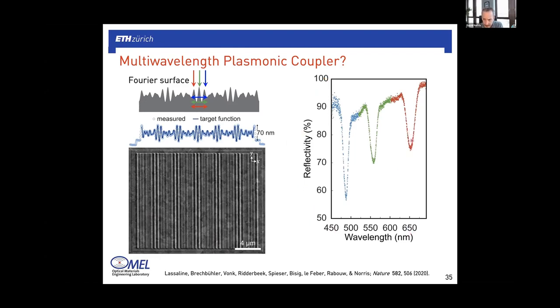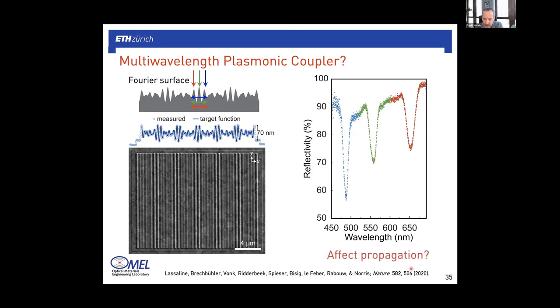And indeed, he saw these 3 dips as he designed, which is coupling simultaneously red, green, and blue light at normal incidence. And the efficiency of these dips, as far as we can tell, is state of the art in terms of this multi-wavelength coupling.